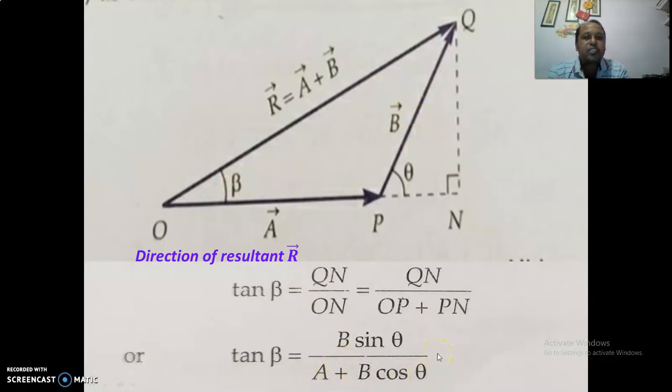So you need to understand that here vector A is there and beta is the angle between vector A and the resultant. So tan beta will be given by B sin theta by A plus B cos theta. I hope I have made myself clear, but if there is any doubt, you can just post me the doubts and it will be taken care of.